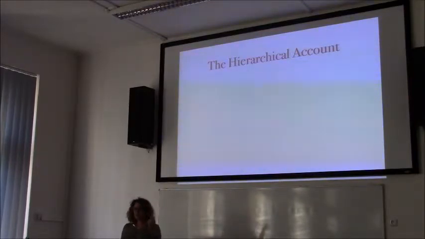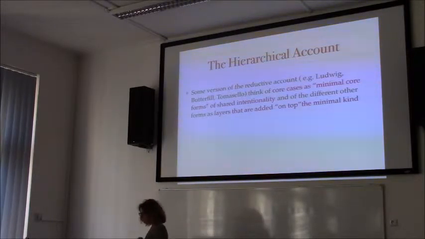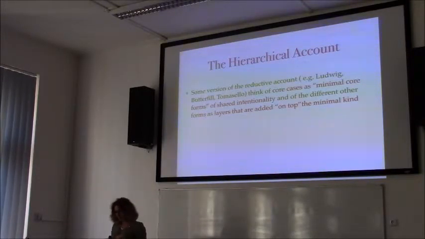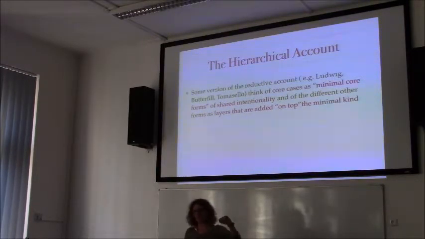Now, some people, like for example Kate Ludwig, are defending what we might call a hierarchical account. These are versions of the reductive account that think of core cases as minimal core cases of shared intentionality. So, for example, take the characterization I gave, following Bratman.